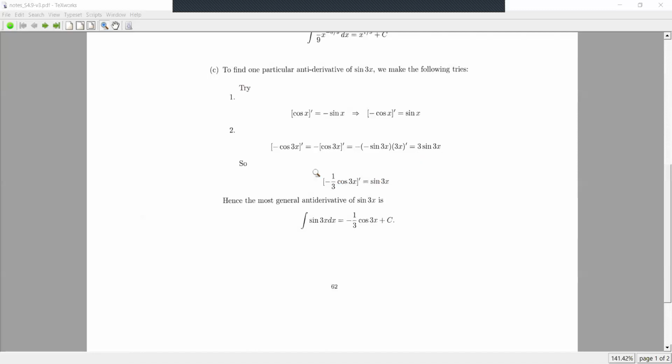Move the number 3 to the left side, then we get that the derivative of this function is sine of 3x. This is a particular antiderivative of sine of 3x. So, the indefinite integral of the given function is this particular antiderivative plus arbitrary number C.